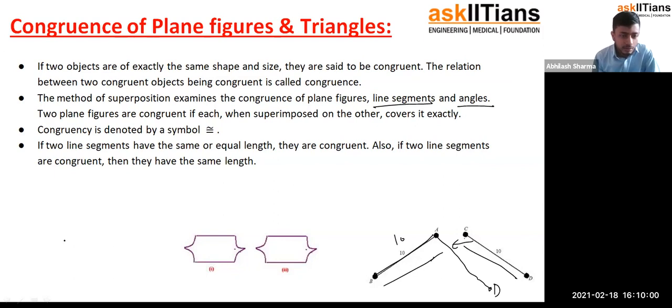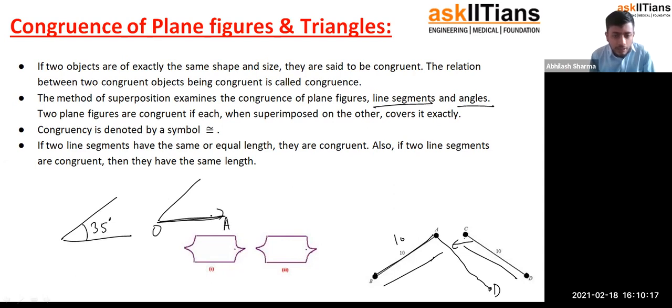The reason is, let us say there is an angle, maybe 35 degrees, and there is another angle which we want to be congruent to this one. Then look, if I pick this ray, let's say ray OA, and let it coincide with, let's say, point P and point Q, this ray, right? So O will come here, maybe A will come here.